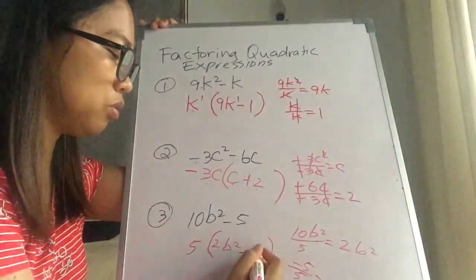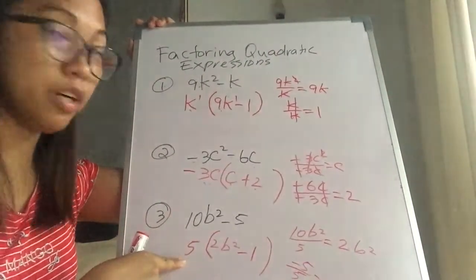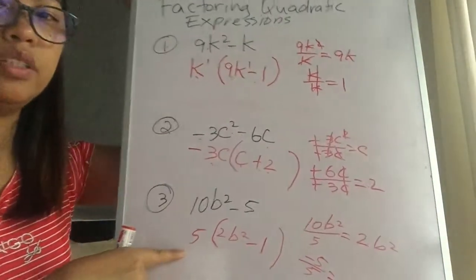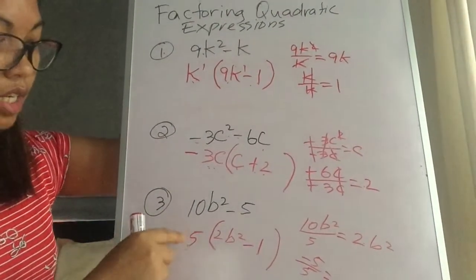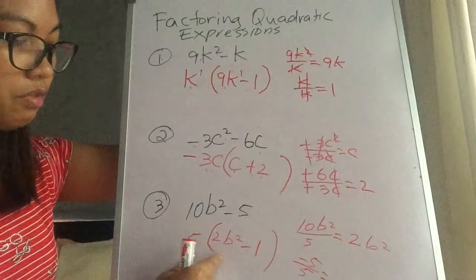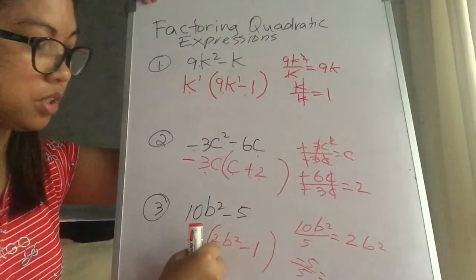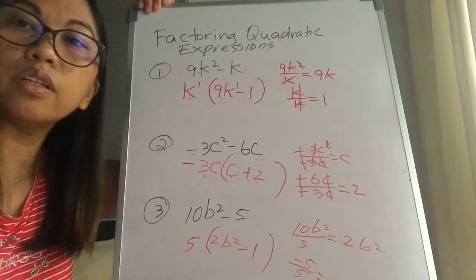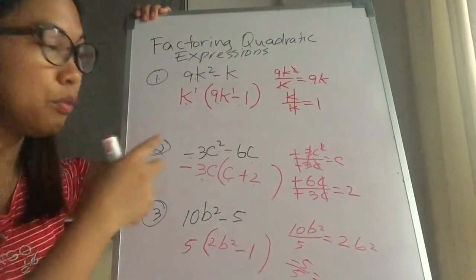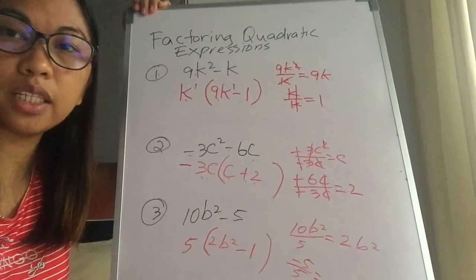So the common is 5, and these are the factors: 5 times the quantity 2b squared minus 1. So, this is the most basic.